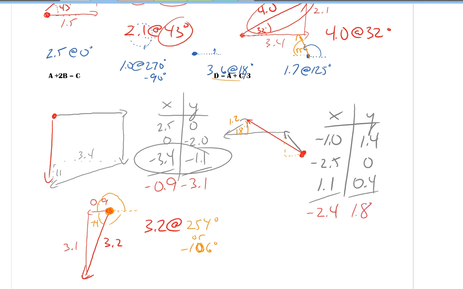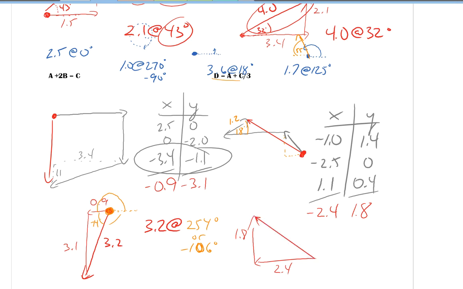All right, so I've got my two totals. Now I'm going to put them together and make a new triangle. I've got -2.4, so 2.4 to the left, and then positive 1.8 up. So my answer would look something like this, which is what it looked like over here, which is perfect.